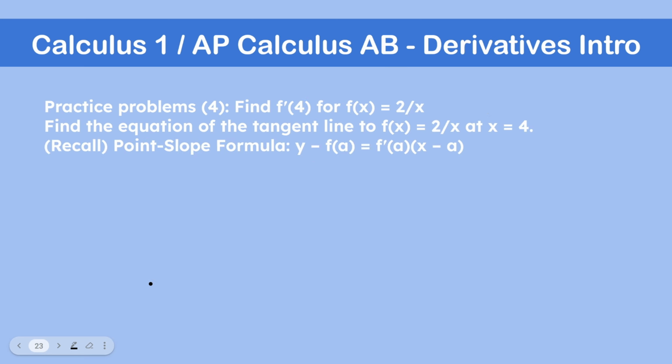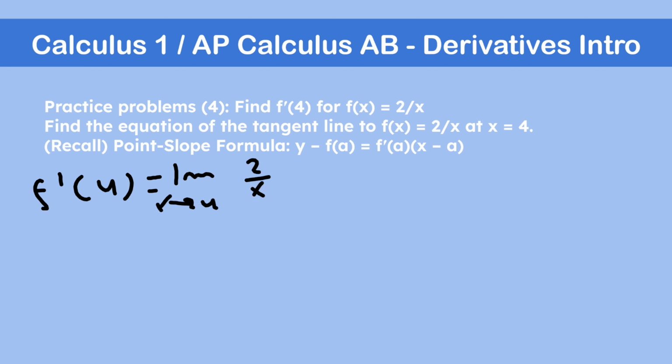Now we are being asked to find the derivative of f of x at 4 for when f of x is equal to 2 over x. Let's use the alternate definition: f prime of 4 is equal to the limit as x approaches 4 of 2 over x minus 2 over 4, or just 1/2, over x minus 4.